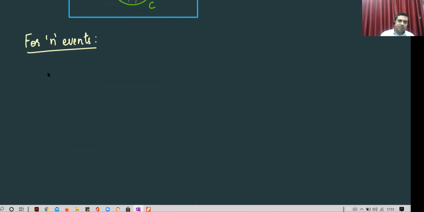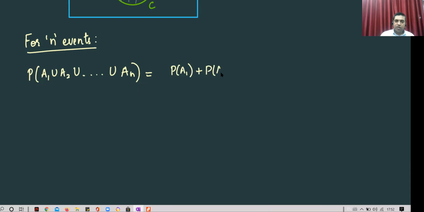For n events, the probability of A1 union A2 union up to AN is, what will you get? Probability of all events taken individually.